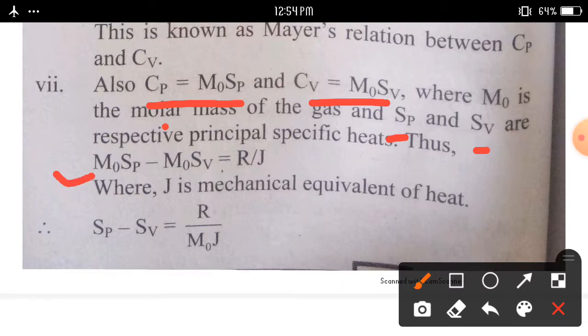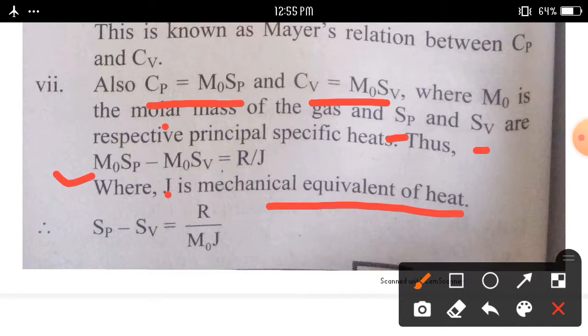we get M0 into Sp minus M0 into Sv is equal to R upon J, where J is the mechanical equivalent of heat.